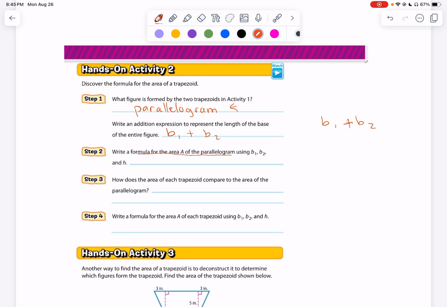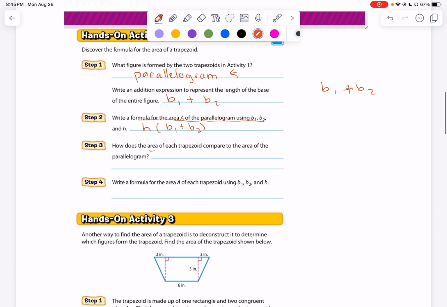Write a formula for the area of the parallelogram using base 1 plus base 2 and an h for height. Oh, yeah, okay. So the height times base 1 plus base 2. Okay, because the area of a parallelogram is, yeah, okay, that works. How does the area of each trapezoid compare to the area of the parallelogram?